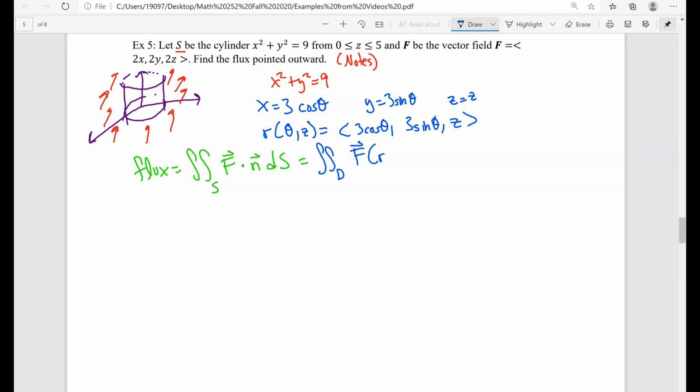What we're going to plug in there is this parameterization, r of theta and z. And then we take the dot product with the cross product of r theta cross r z dA. So notice the similarities between the scalar fields and the vector fields.